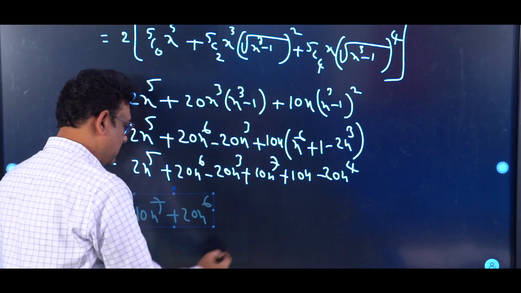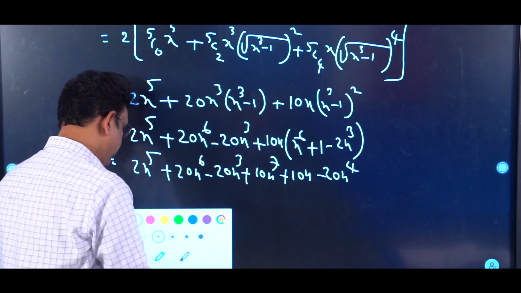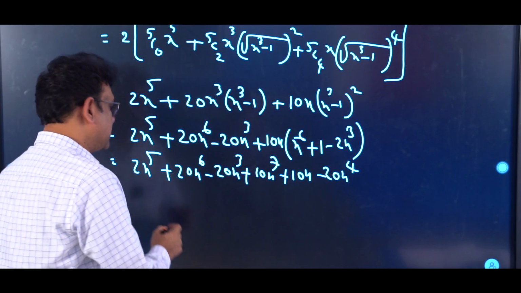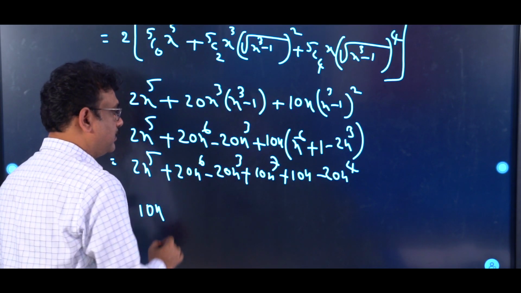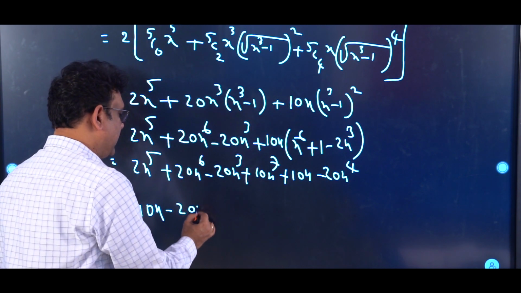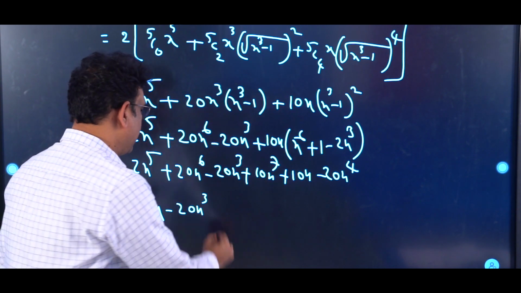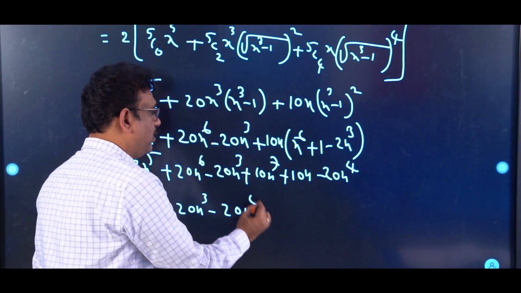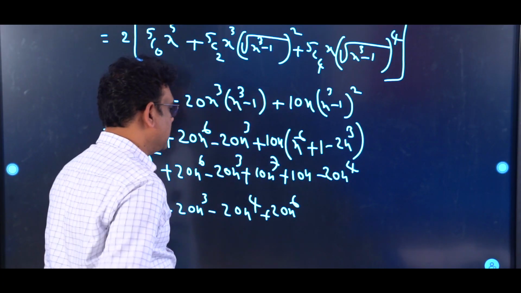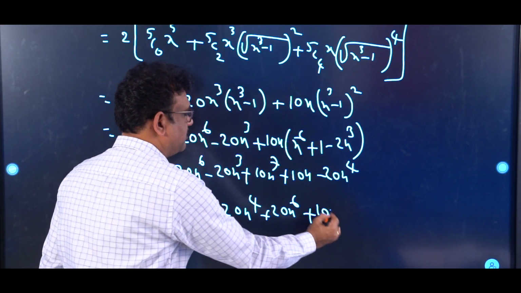First x, increasing order, that is equal 10x, next x cube, minus 20x cube, next minus 20x power 4 plus 20x power 6 plus 10x power 7.